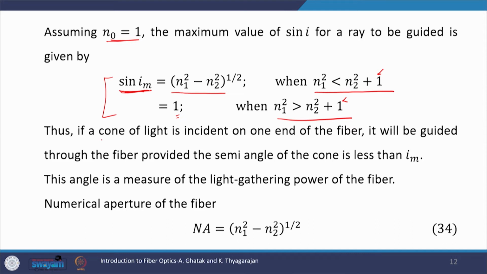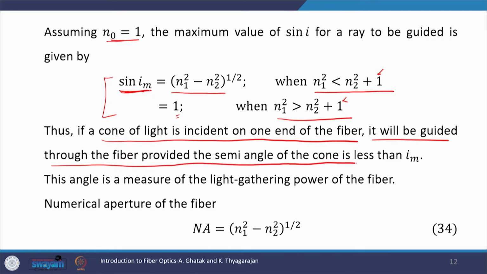Thus, if a cone of light is incident on one end of the fiber, it will be guided through the fiber provided the semi angle of the cone is less than Im. What this sentence says is the following: this is the core, this is the axis of the core, and this is our cladding. Say light is coming in at this cone. This angle Im is the maximum angle of incidence, where m stands for maximum.